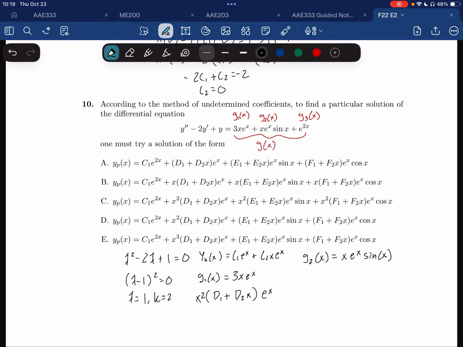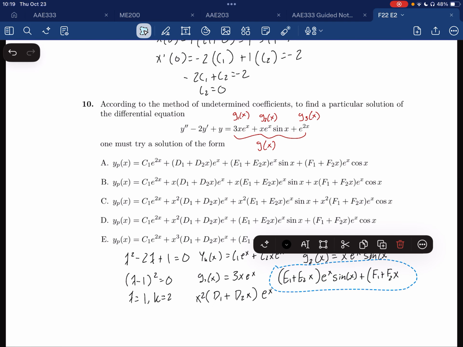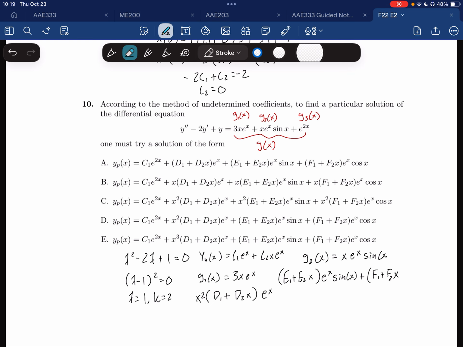Polynomial of degree 1: e1 plus e2 x, e to the x sine x, plus f1 plus f2 x, e to the x cosine x.